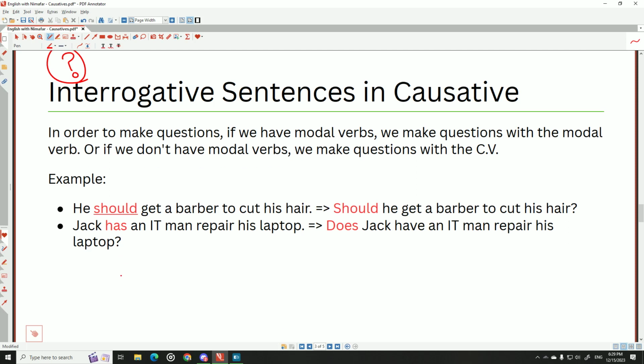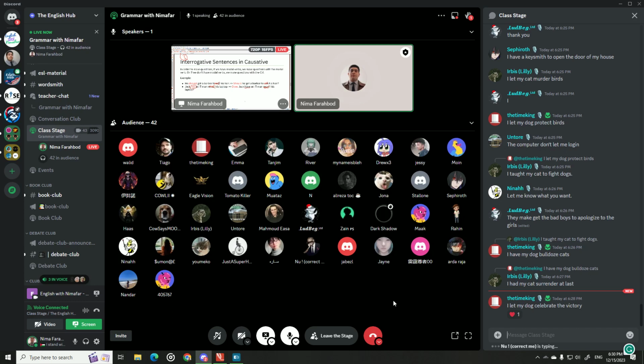To make a question, does he, she, or it have? So we use have. It's very simple. We don't say does he has. No. Does he have an IT man repair? So we don't care about these. We don't care at all. If you see, they are all the same. Repair, all the same. So any questions up to here?